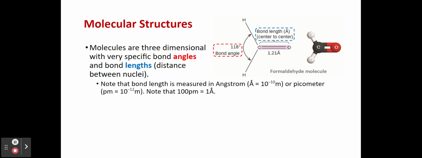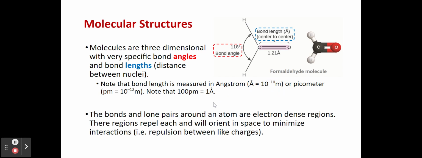the minus 10 meters. Now, bonds and lone pairs of electrons around the atom are what we refer to as electron dense regions. And these regions repel each other, so we're going to want to space them to minimize those interactions.